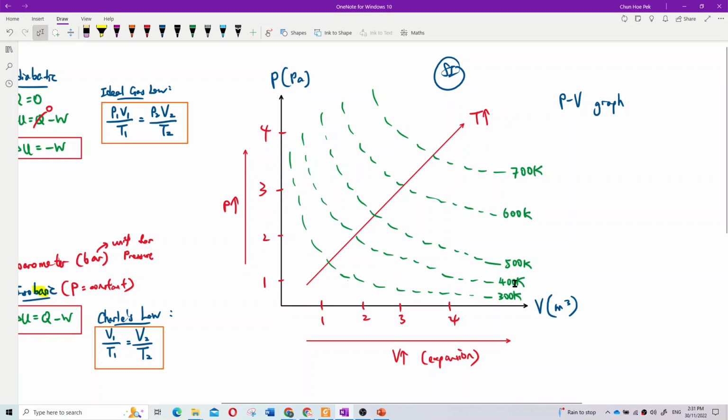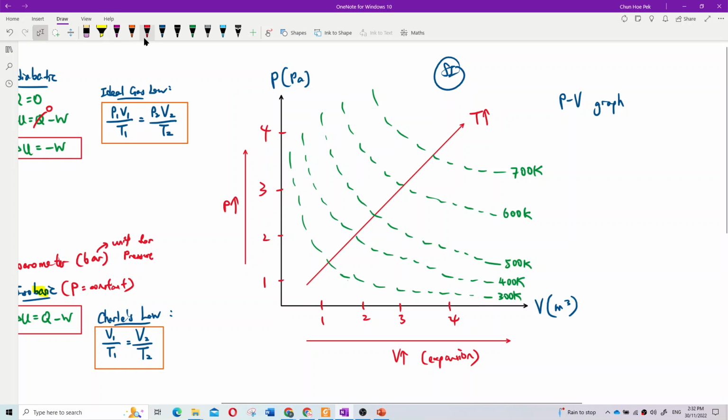This is imaginary numbers. In SI unit: Kelvin, Pascal, meter cube. Okay, class. So when going away from the axis of pressure or volume, the temperature is increasing.